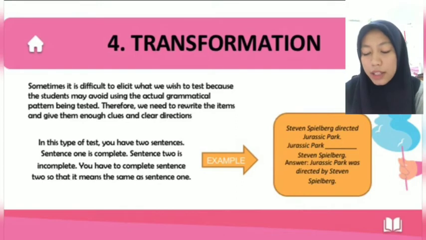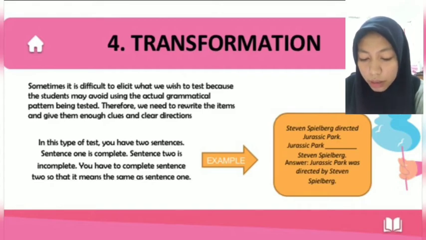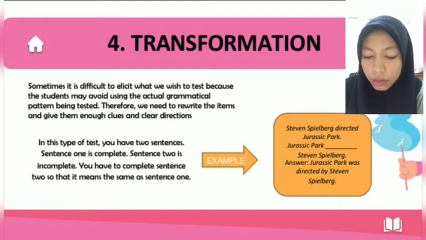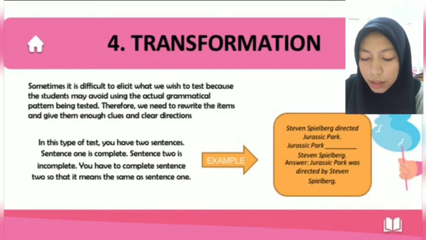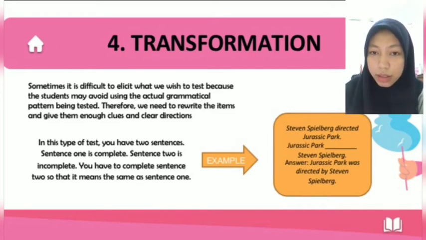For transformation, sometimes it is difficult to elicit what we wish to test because the students may avoid using the actual grammatical pattern being tested. Therefore, we need to rewrite the items and give them clear directions.